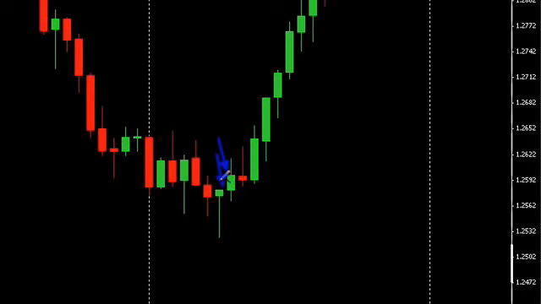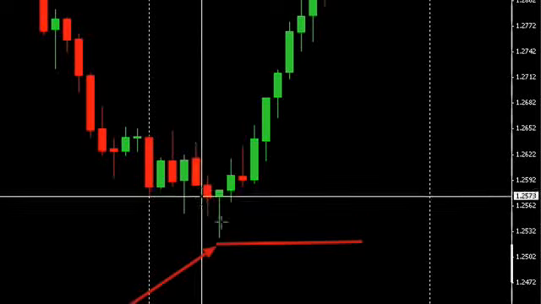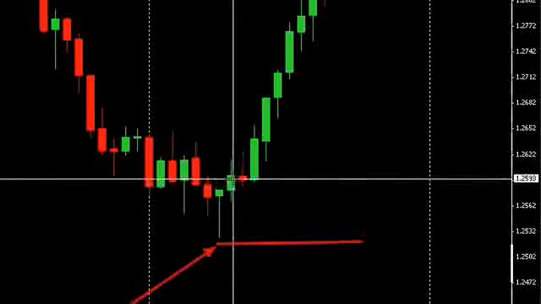Now that's getting in. What about setting stop losses? You would place a stop loss a few pips below the tail, and you would let that be. Now money management rules will tell you that if this is where I place my stop loss and I get into this trade, it's possible that I could lose.